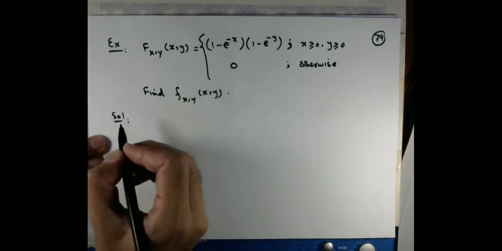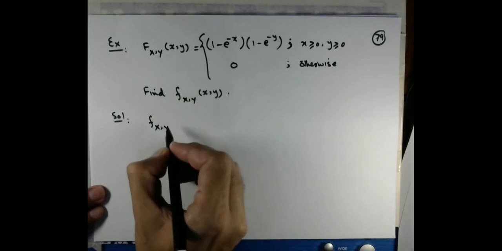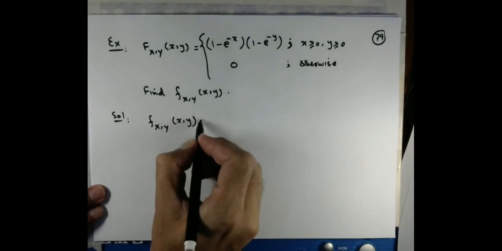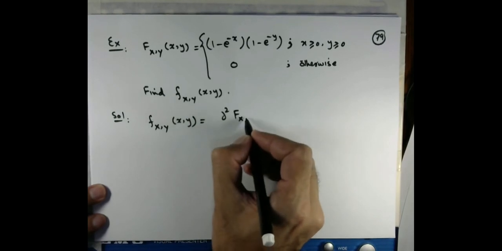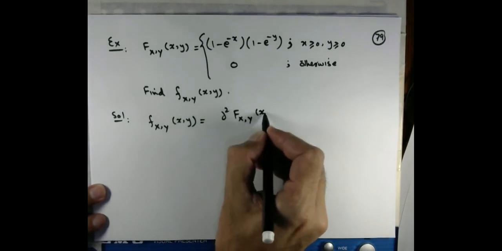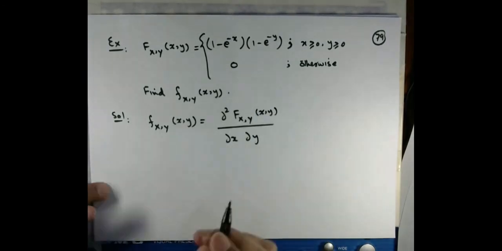Solution is very simple. You know, the joint PDF is obtained by applying the partial derivative of the CDF F sub x comma y of x comma y over partial x partial y.